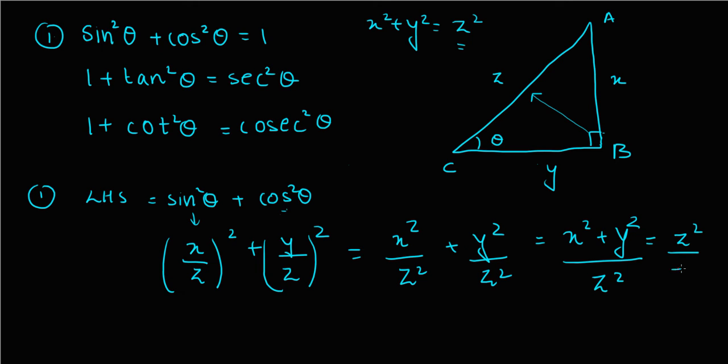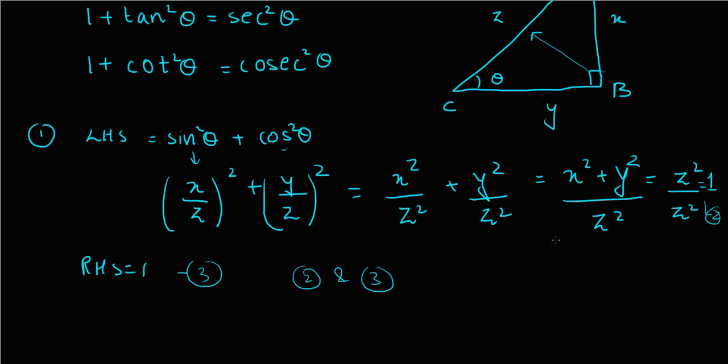So z square by z square becomes equal to 1, cancelling out. So my RHS is 1. From equation 2 and 3, LHS equal to RHS. So we have proved sine square theta plus cos square theta equal to 1.